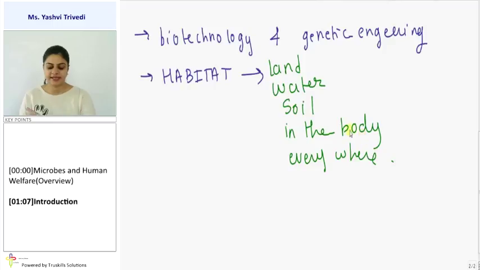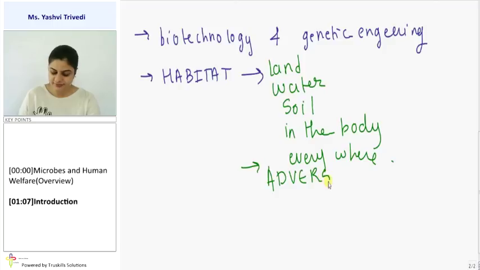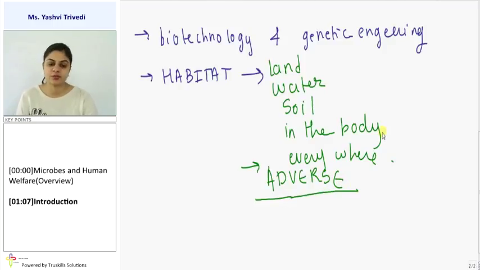It can inhabit any place or any situation on the earth. They can even survive the most adverse conditions on earth. So this is how microbes are, and by their different habitats and different characteristics, we are making them useful for human welfare.